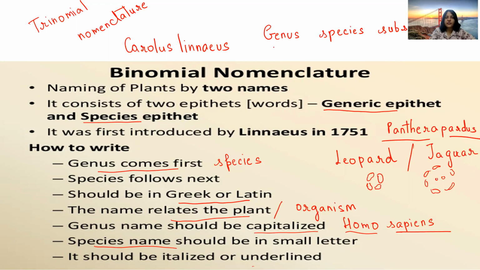For example, we have Corvus splendens. So this is the name of a crow. A particular subspecies of crow has this name.